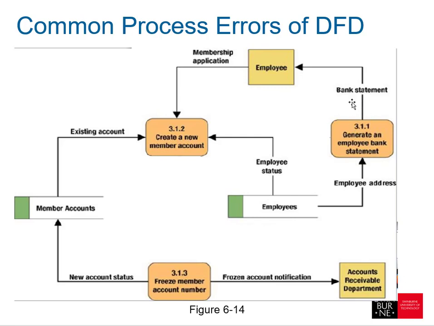Now this is a kind of a miracle, right? How can we produce an employee bank statement with employee data? There is one entity missing here in this case, right? So there is an error in this particular data flow, this particular process. So there is actually a miracle.